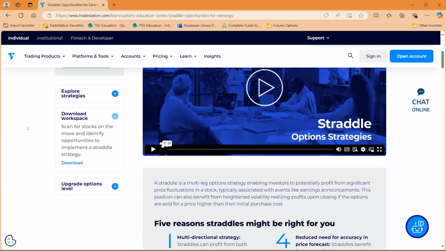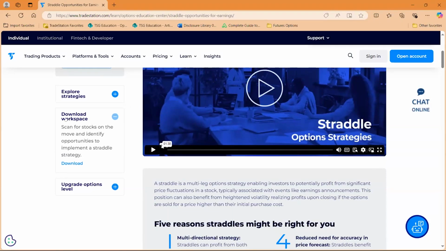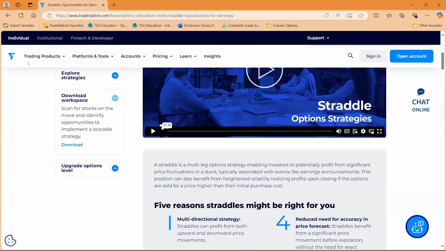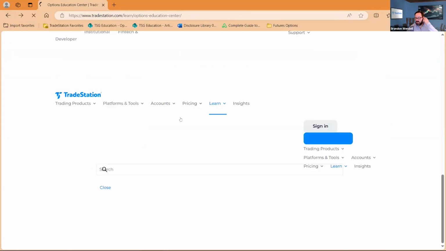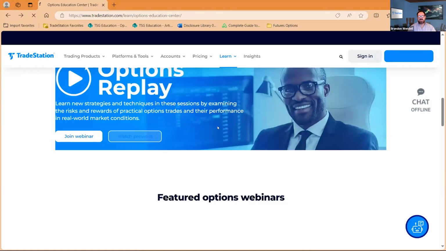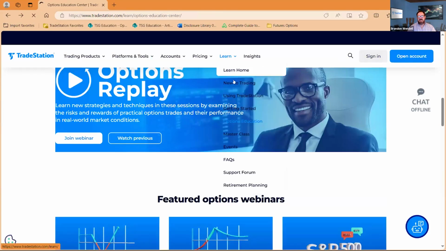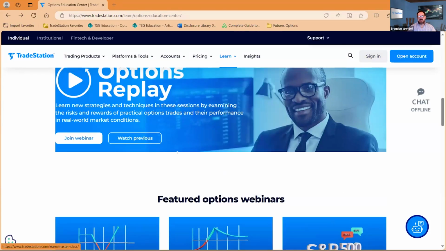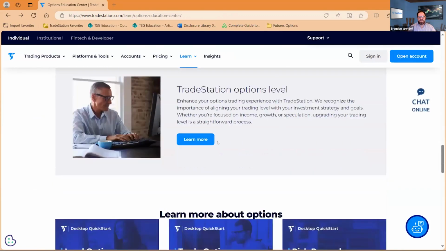Okay. An options replay would be on the prior page, right under the articles. That's where you link to the archives. Oh, right. Thank you for bringing that up, Jesus. I forgot about that. Yes, if you go back to the Options Education Center, again, under Learn, Options Education, and scroll down a little further.